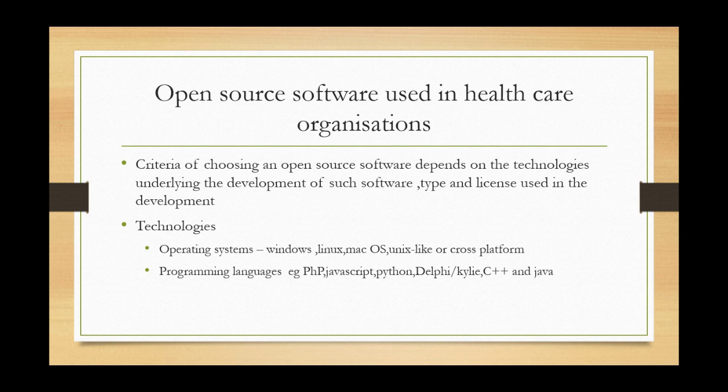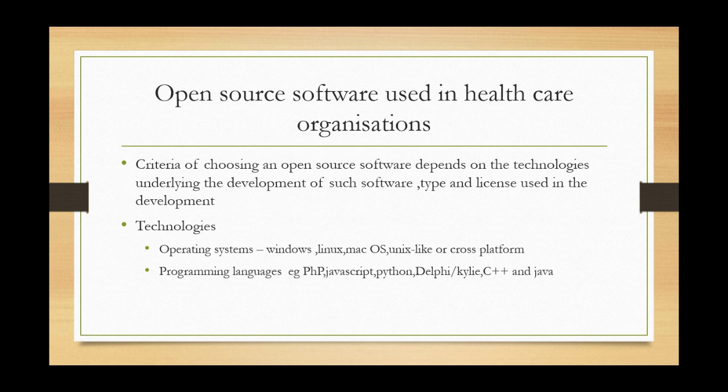There are a number of criteria for choosing open source software. It depends on the technologies that underlie the development of such software. It depends on the type, whether it is practice management, electronic record system, or statistics, etc. Also, it depends on the license used in the development.